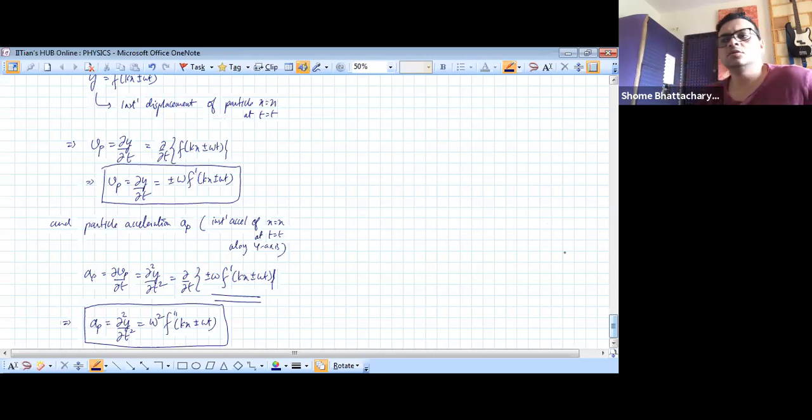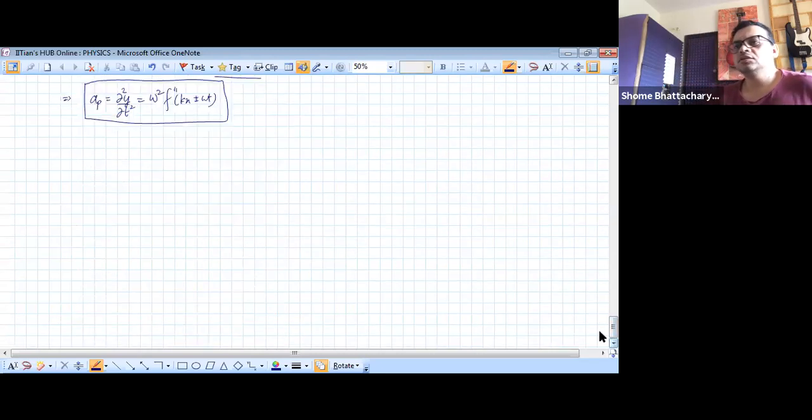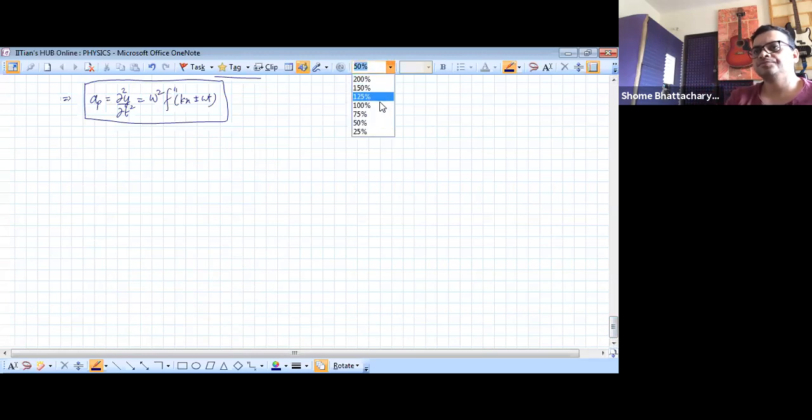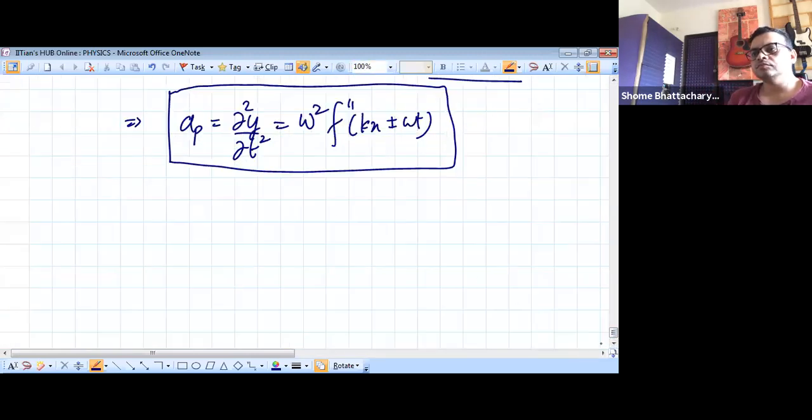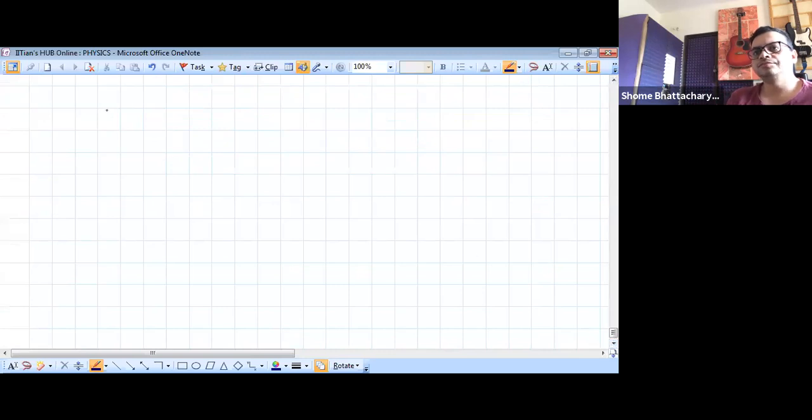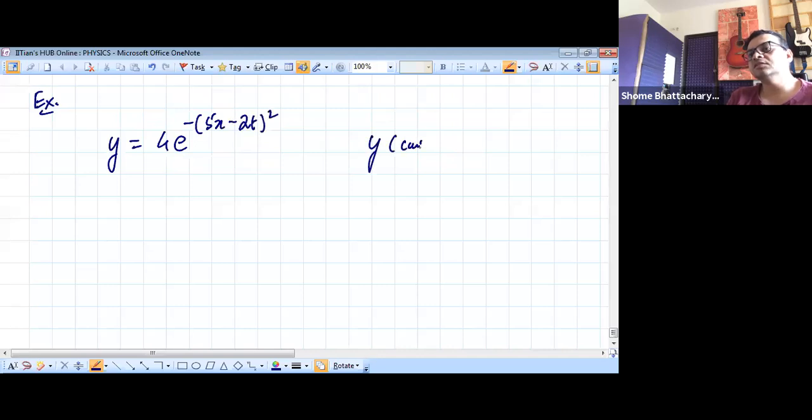Okay, people. So hope this is clear. So let's look at a quick example. So here y is in centimeters, x is in meters, t is in seconds.